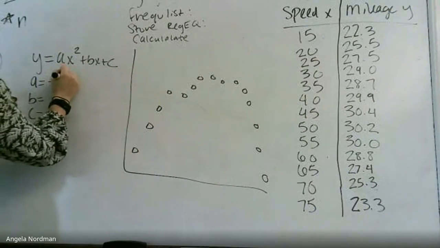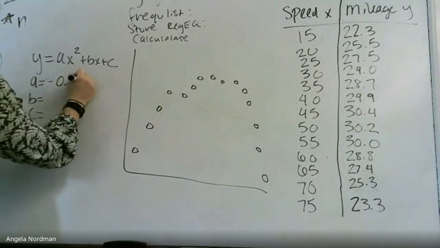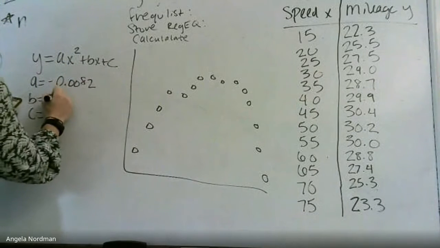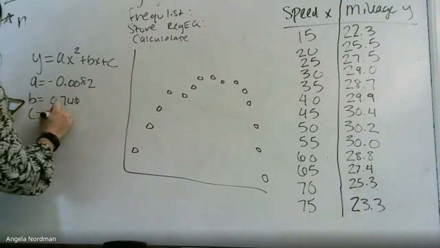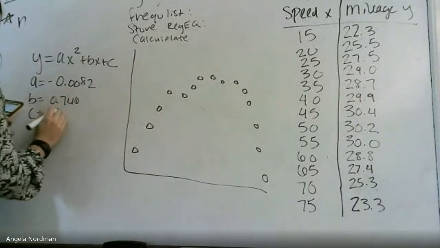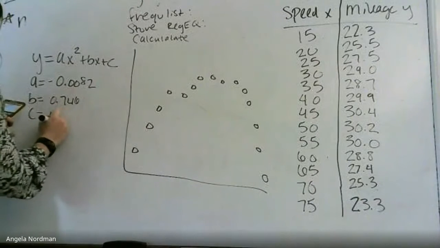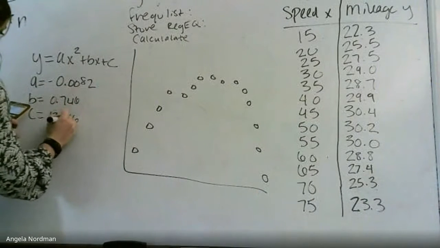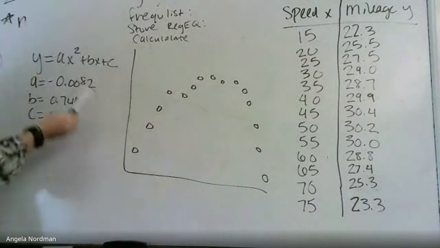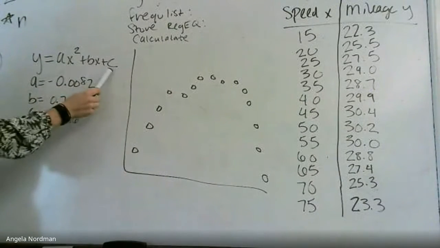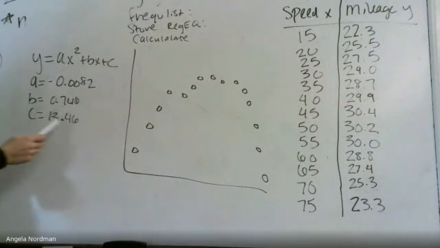Variable A is negative 0.0082, B is 0.746, and C is 13.46.